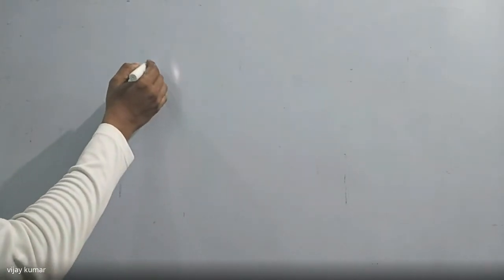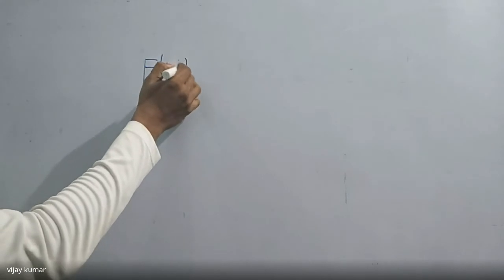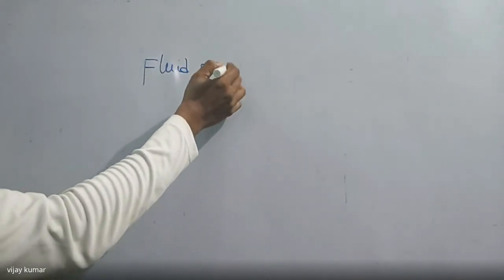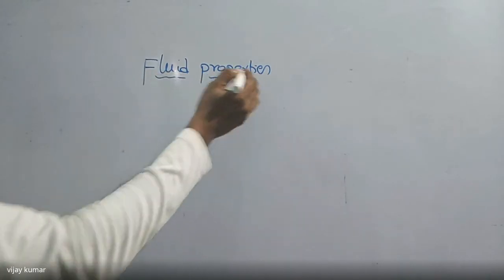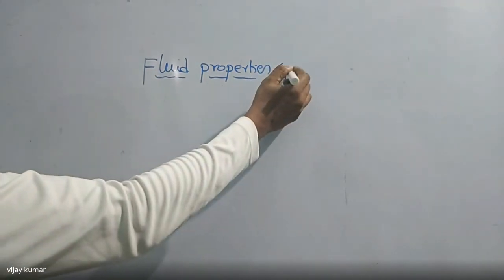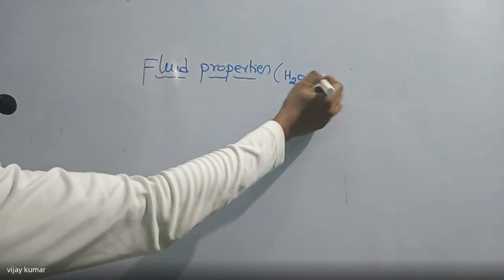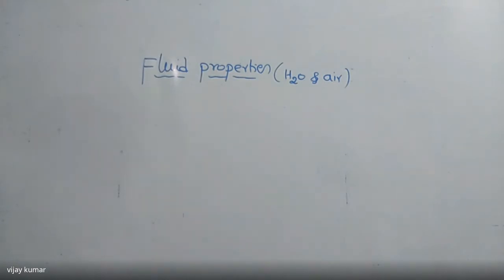So first of all, I'm going to write chapter number one, fluid properties. In this case, we are going to know the properties of water and air. I'm writing here water, air. Now listen carefully.